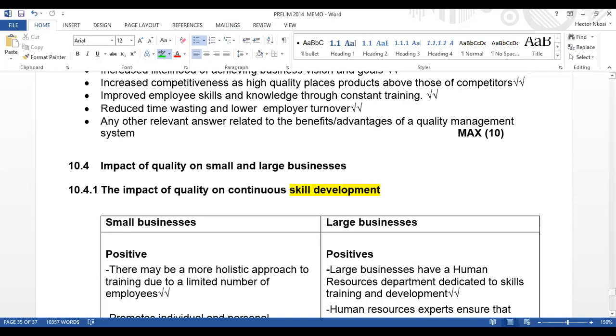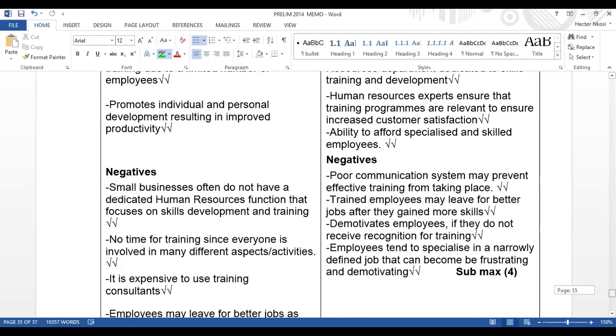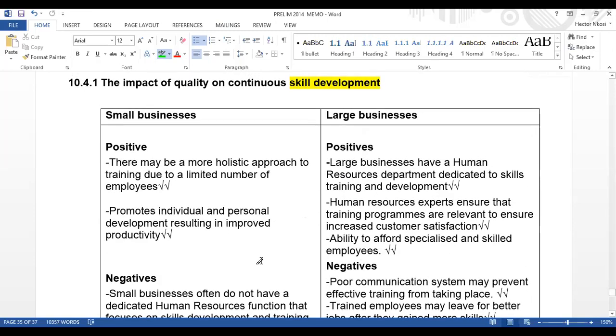Also, it promotes individual and personal development, resulting in improved productivity. So this is the positive in a small business when it comes to skills development.